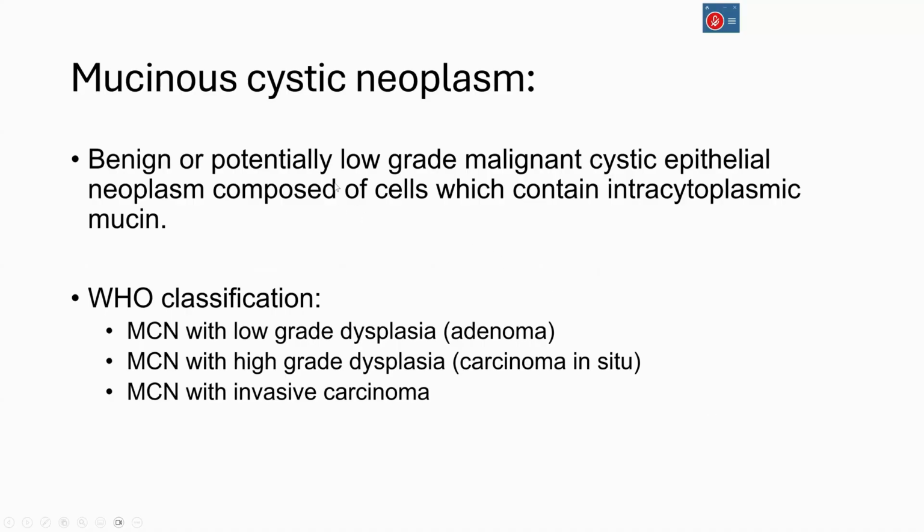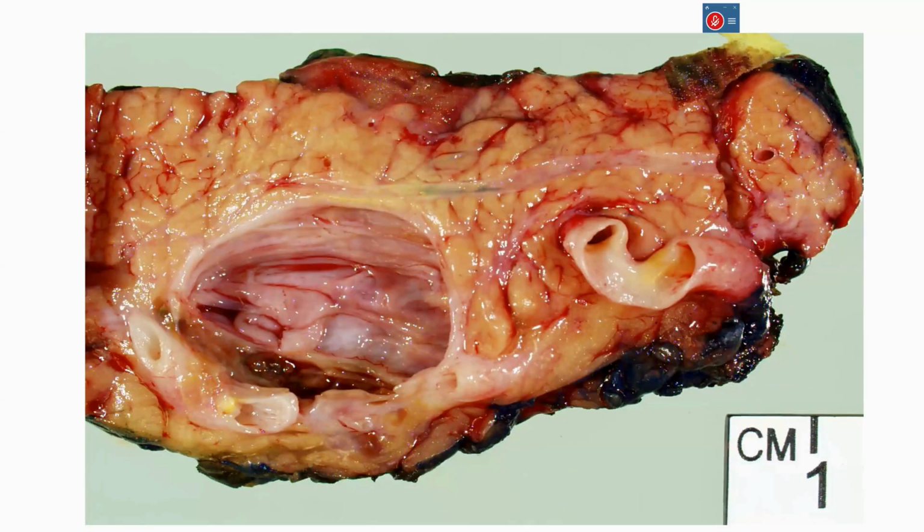So a little bit about MCN. It is benign, but it has the potential to transform into a malignant tumor. You can have an MCN with low-grade dysplasia, high-grade dysplasia, or invasive carcinoma, so again a three-tier classification. But the presence of intracytoplasmic mucin is a mandatory feature, along with ovarian-type stroma.